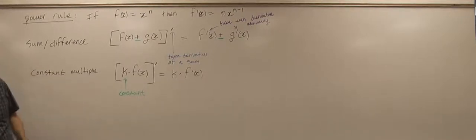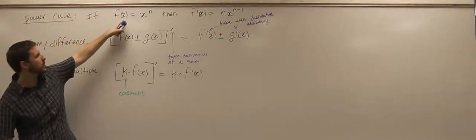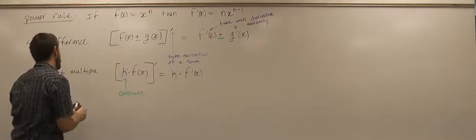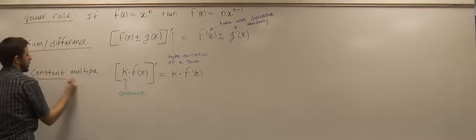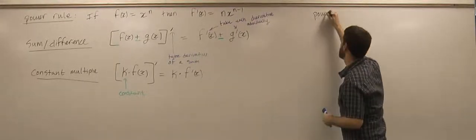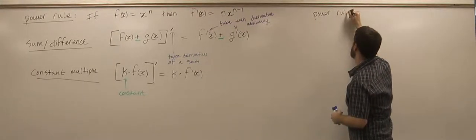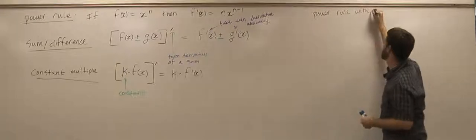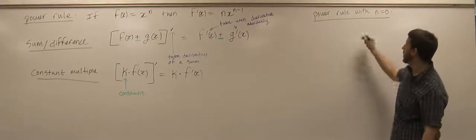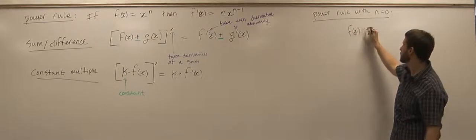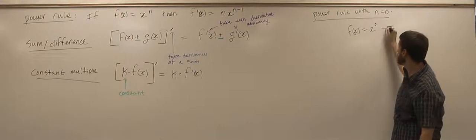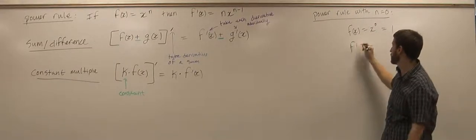Constant multiples do. One thing you have to be careful of here is what happens when n equals 0. I forgot to tell you that. Back up on this power rule. What happens if n equals 0? Right, if you have f of x equals x to the 0, this is just equal to 1, so what's the derivative? 0.